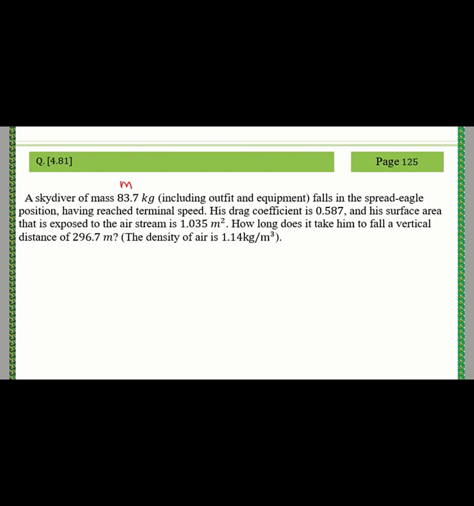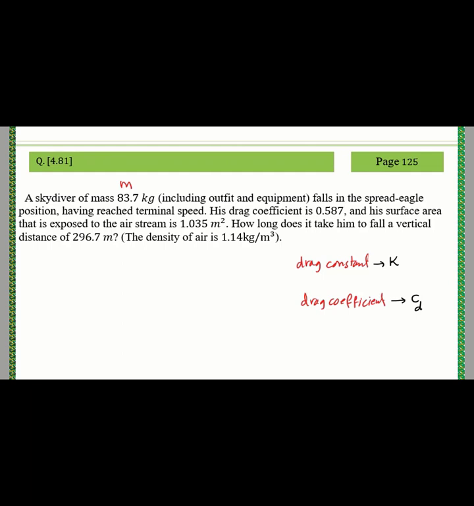Here, let me make it clear that we have drag constant and the drag coefficient. Drag coefficient, its symbol is CD. Drag constant, the symbol of it is K.